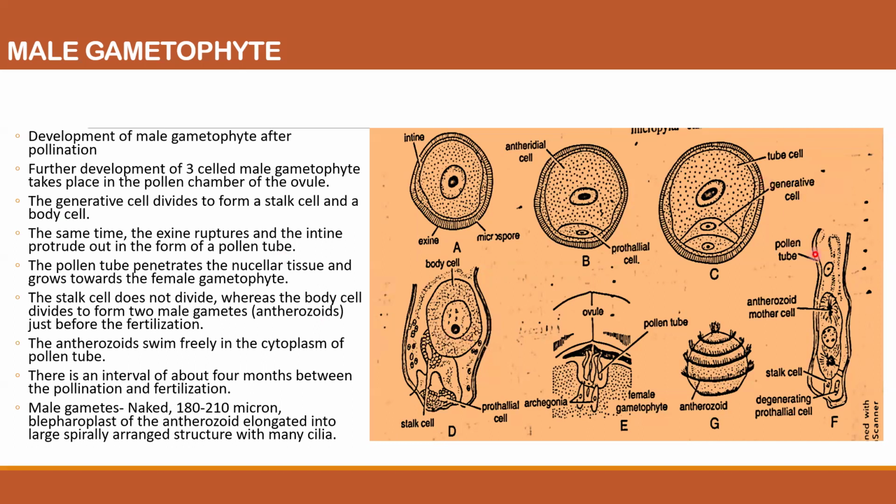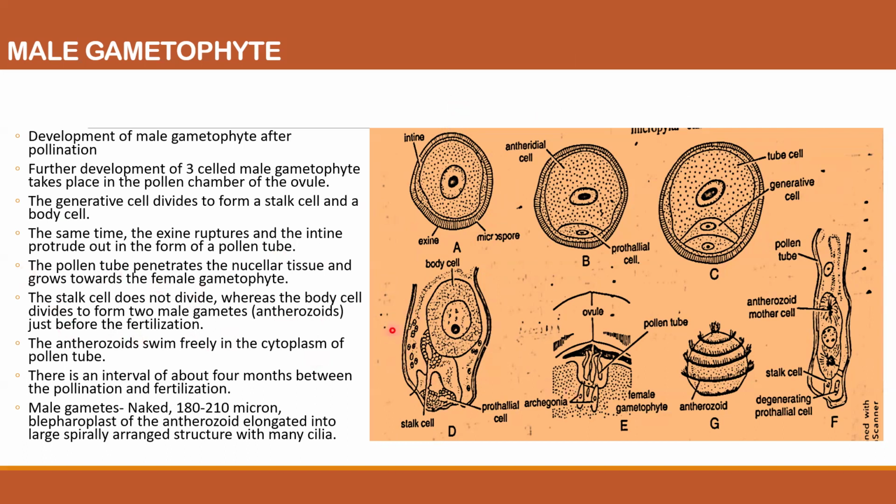As we discussed, after the three-cell stage, the generative cell divides into a body cell and a stalk cell. The exine ruptures and the intine protrudes out in the form of a pollen tube.